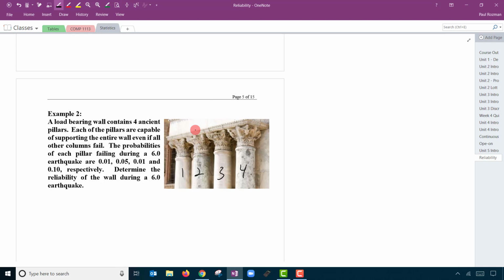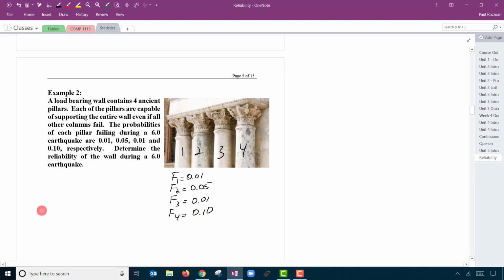This is vastly superior to the previous wall. We left the probabilities all the same so that we can compare the two. Column 1 had a failure rate of 1%. Column 2 had a failure rate of 5%. Column 3 failed 1%, and column 4 failed 10%.